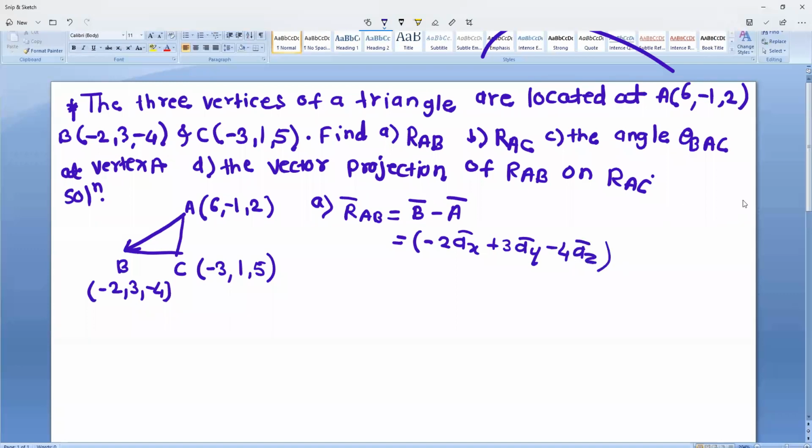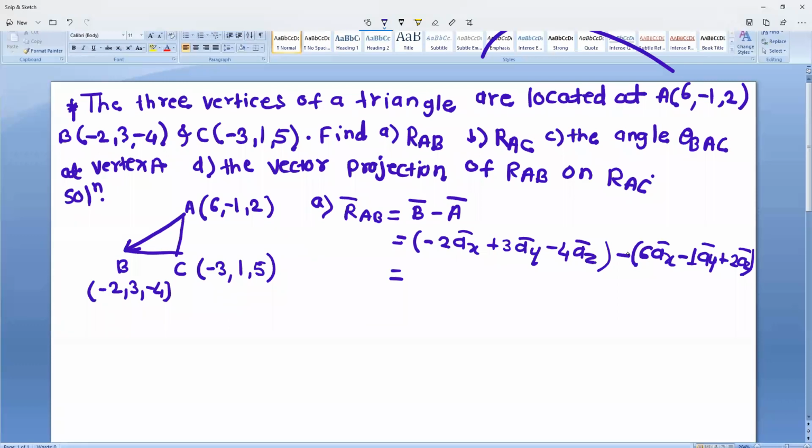Right. Now similarly, vector A bar in Cartesian coordinate system which has coordinates 6, -1 and 2. So what is vector A bar? A bar is equal to 6 a bar x minus 1 a bar y plus 2 a bar z. Now this is subtraction of vectors.